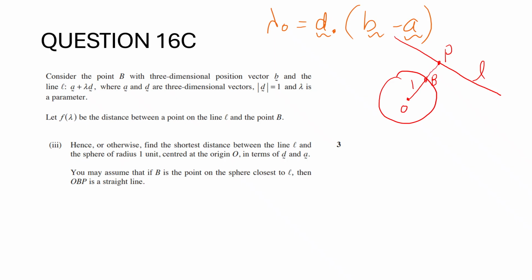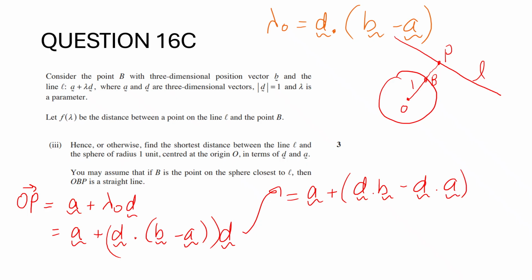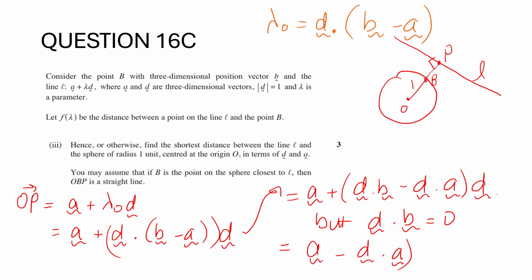Okay, so OP is the position vector of P. So that's A plus lambda naught D. And we know lambda naught is D dot B minus A. And that's equal to A plus D dot B minus D dot A times D. But we know that D dot B is equal to 0 because this is a right angle. Therefore, OP is equal to A minus D dot A times D.